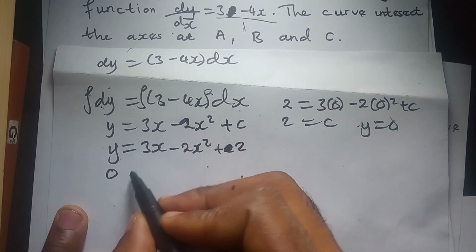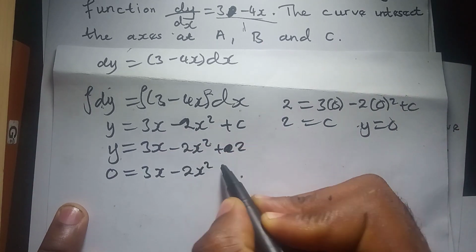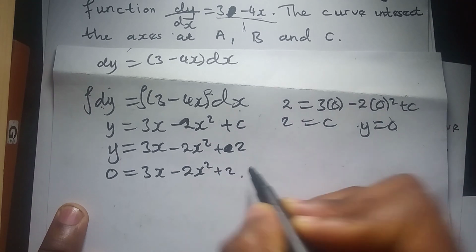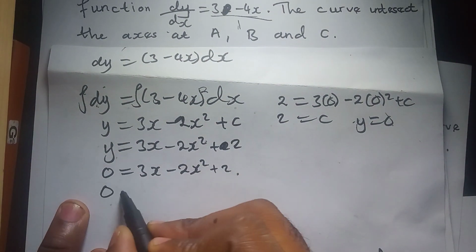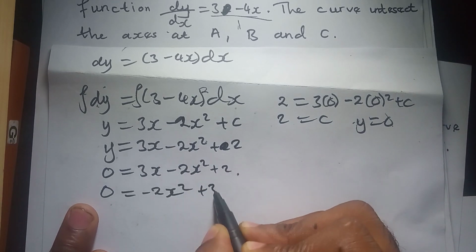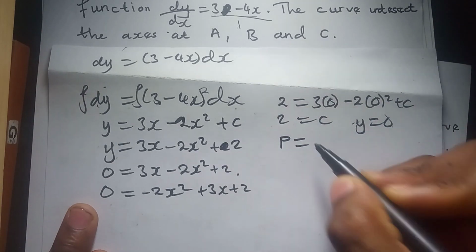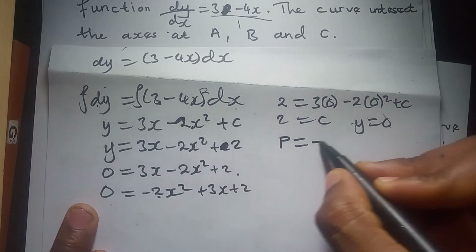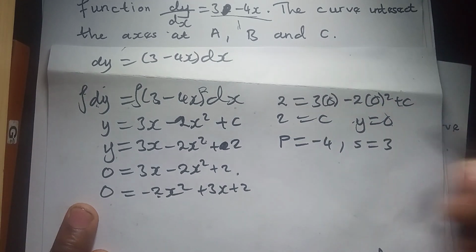So we can put a 0 there, and then 3x minus 2x squared plus 2. So writing this in standard quadratic form, you can start with negative 2x squared plus 3x, then plus 4. So our product will be this times this, which is negative 4. Our sum will be 3.